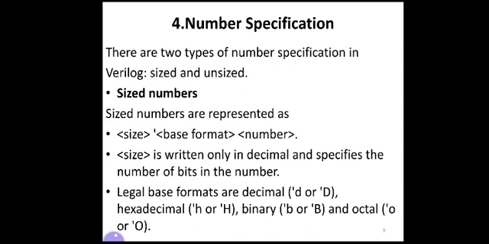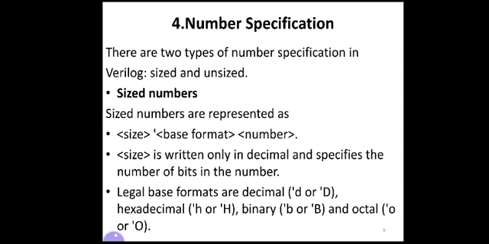There are two types of number specification in Verilog. The first one is the sized number specification and the second one is the unsized number specification.